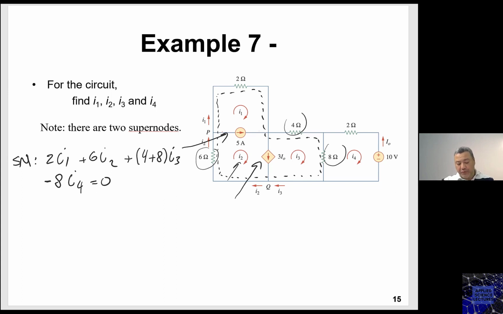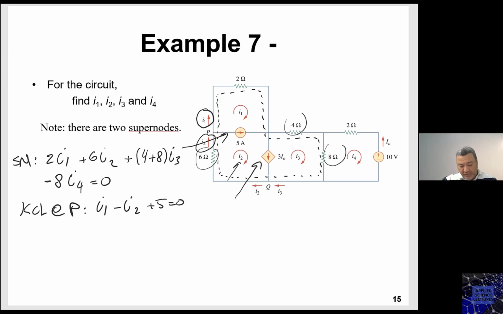Now here you have two binding equations. If this one is the small I1, and this one is the small I2, you can write KCL at P, where I1 is leaving, I2 is entering, 5 ampere is leaving.